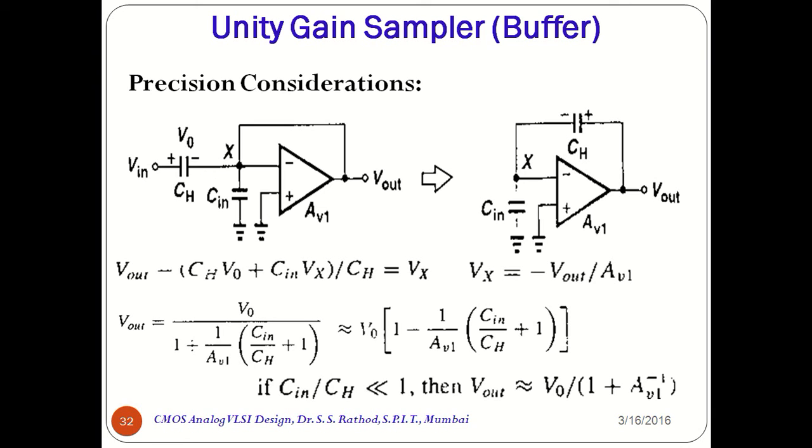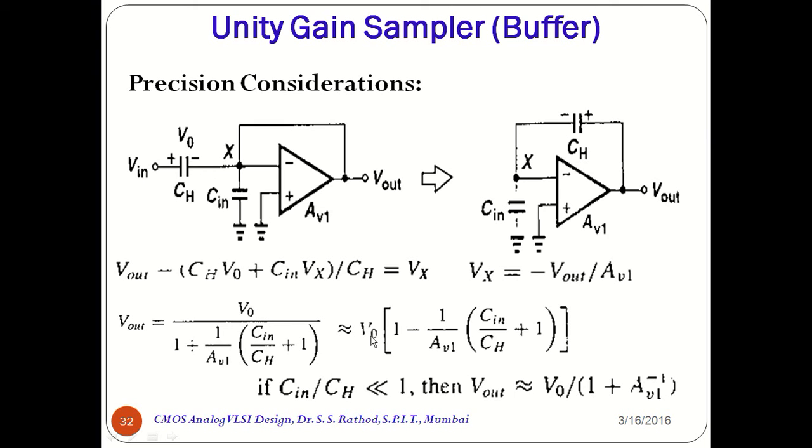Here Vx is equal to minus Vout by AV, since for the operational amplifier Vout is equal to minus Vx, the input, times the open loop gain AV1. Substituting this value, you get Vout equal to V0 upon 1 plus (1 by AV)(Cin by CH plus 1).